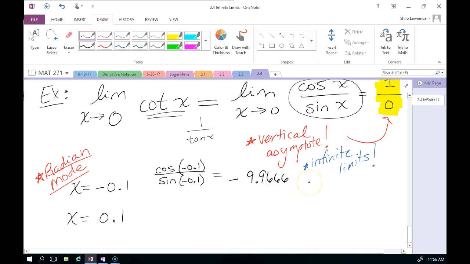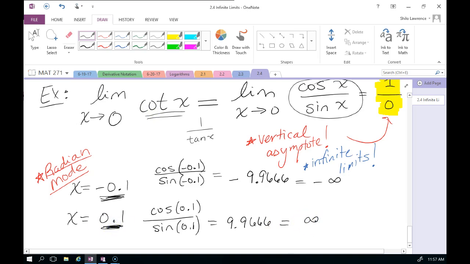So on the left, negative 0.1 is on the left, it's going to be going down to negative infinity. And then we're going to do cosine of positive 0.1 over sine of positive 0.1. And I got the exact same number, but positive. So on the right, because positive 0.1 is on the right, it is going to positive infinity.